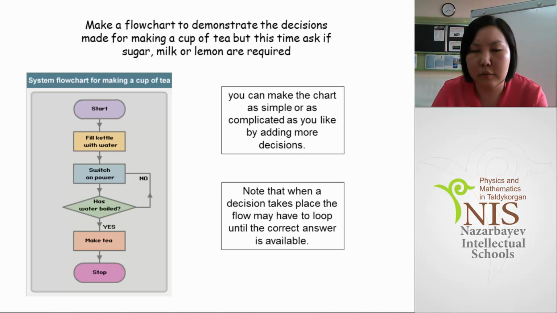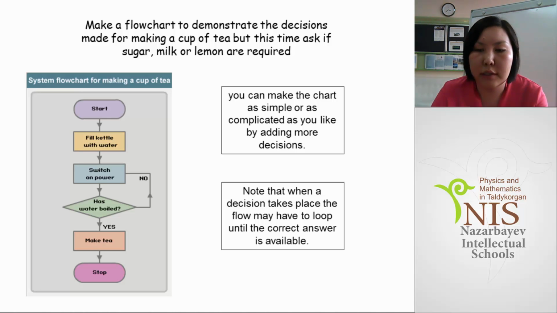Firstly, you can see that the easiest algorithm is given when you just make tea using boiled water, but you have to try by yourself to make a cup of tea with different choices, like do you need sugar, milk, or lemon, or anything else. And remember that you can make the chart as simple or as complicated as you like by adding more decisions.